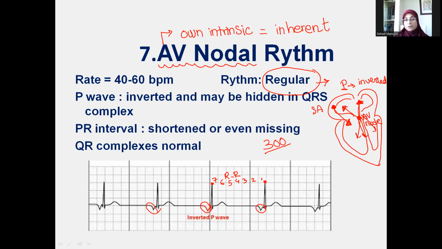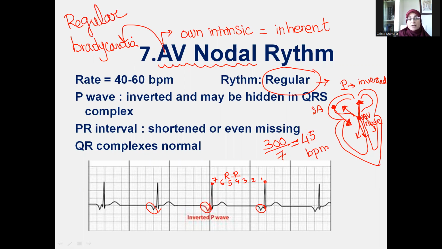So if you divide 300 by 7, it's about 45 beats per minute, which means that we have a slower than normal heart rate, or what we call bradycardia. So first of all, we have bradycardia. Second, it's a regular bradycardia because the AV nodal rhythm is regular. Third, we have inverted P waves because the wave of depolarization arises from the bottom of the atrial musculature, from the AV node.